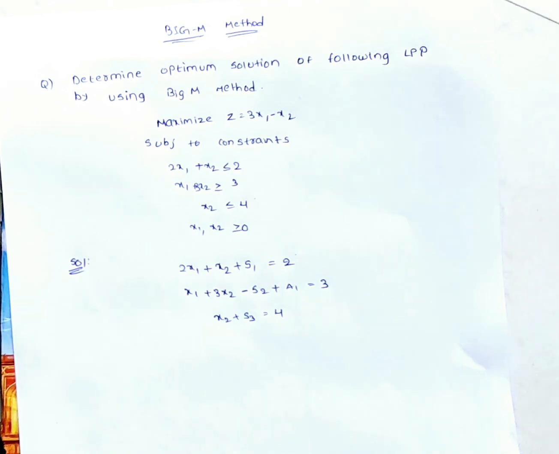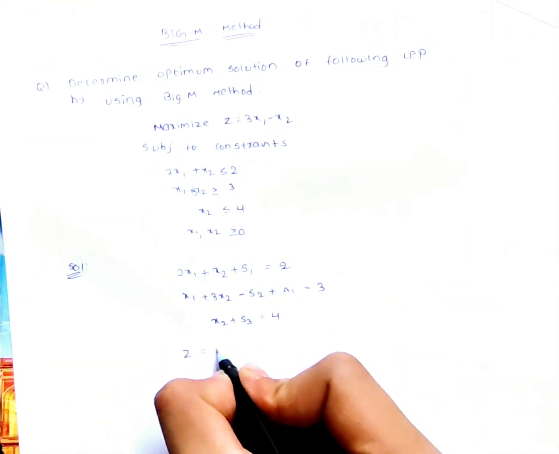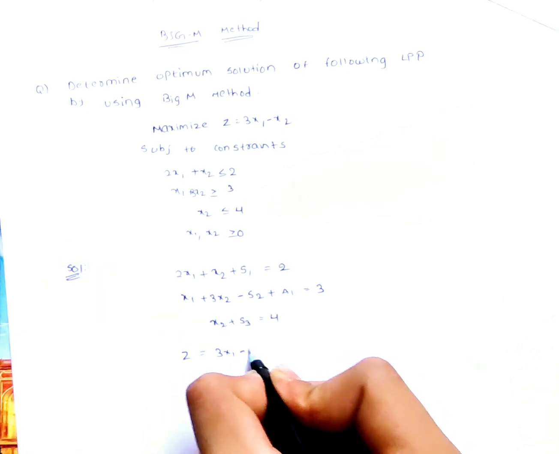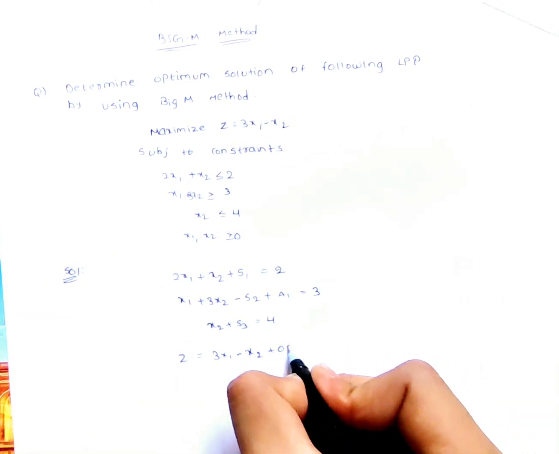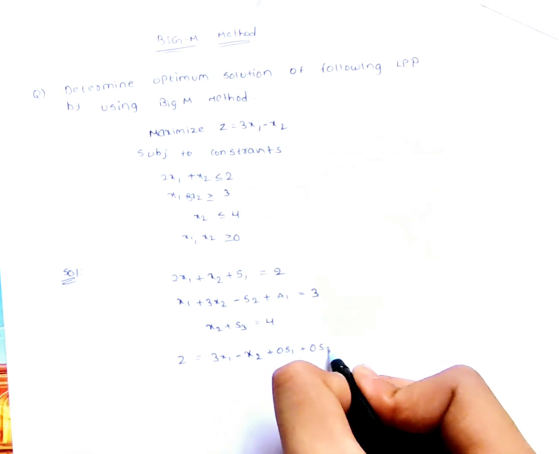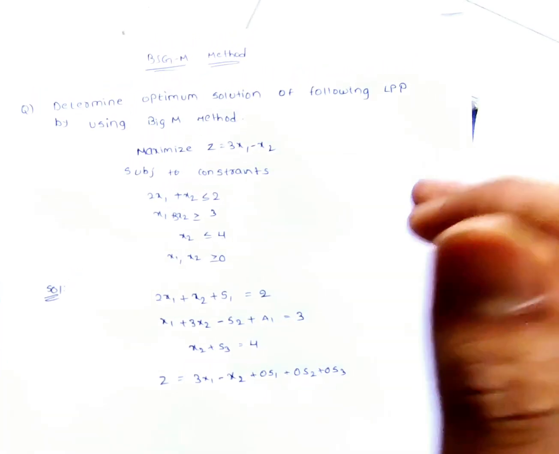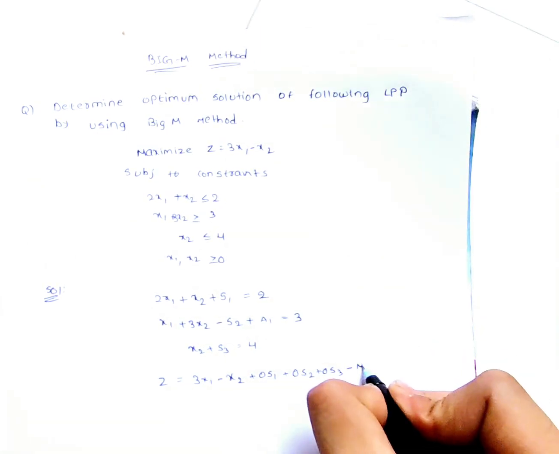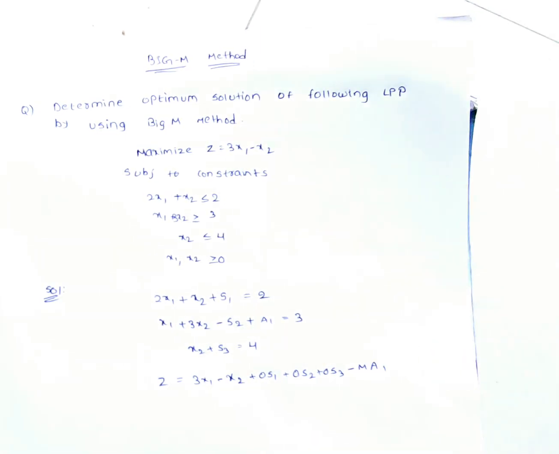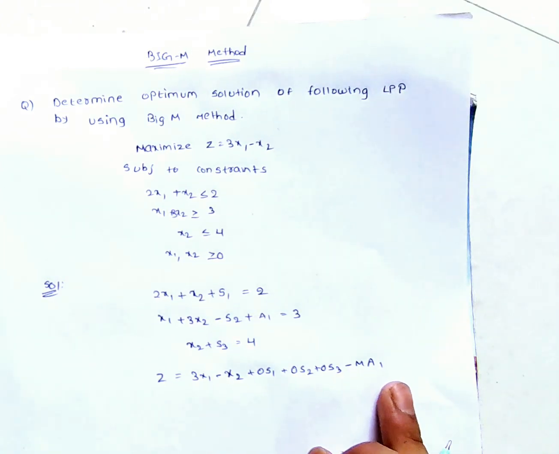Remember, while maximizing the equation 3x1 minus x2, I am adding the slack variables, which is the same for every method. And in the big M method, the main difference is that you have to subtract M a1, minus M a1. This is the main thing you have to learn in the big M method.